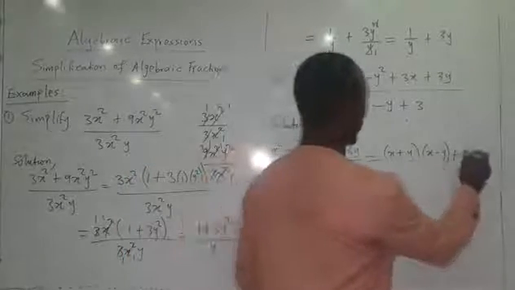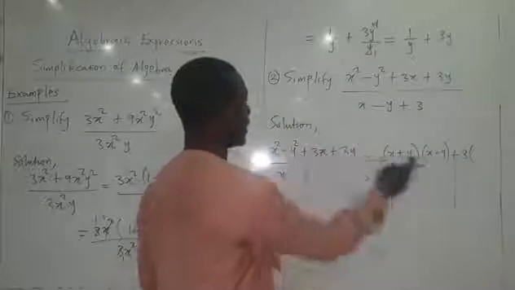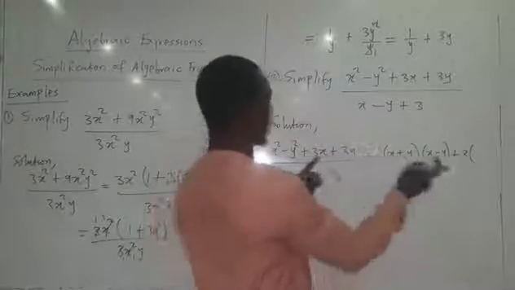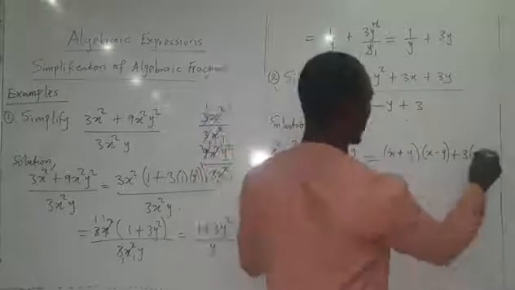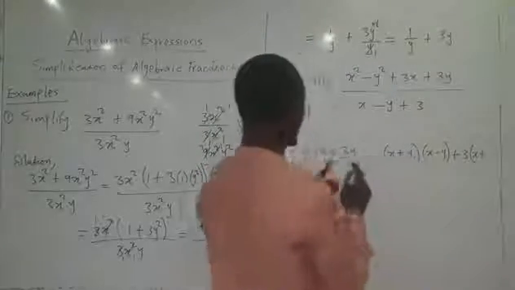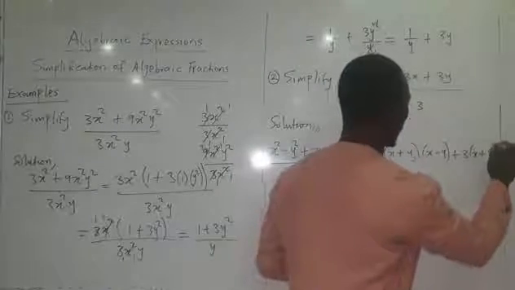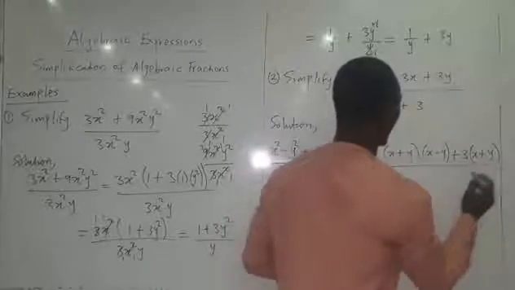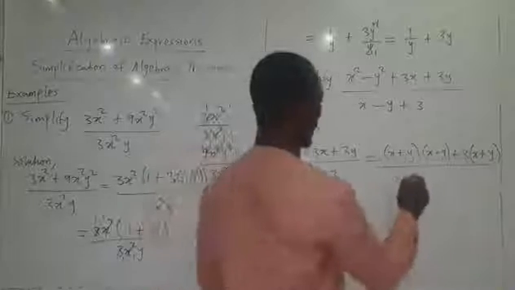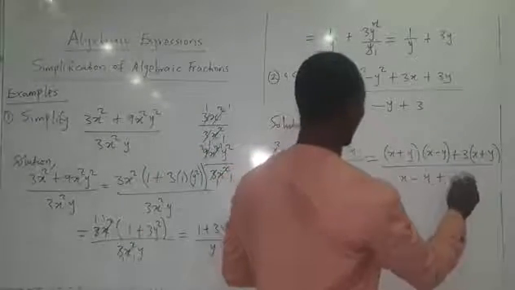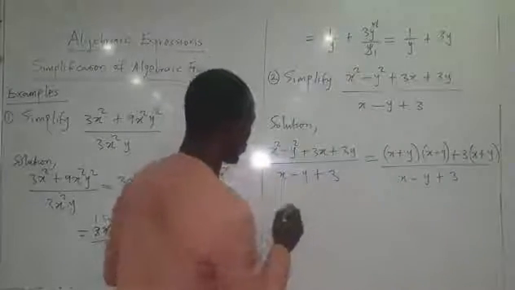So you factor out 3, and 3 in 3x is x, plus 3 in 3y is y. Then close the bracket, all over the denominator, x minus y plus 3.